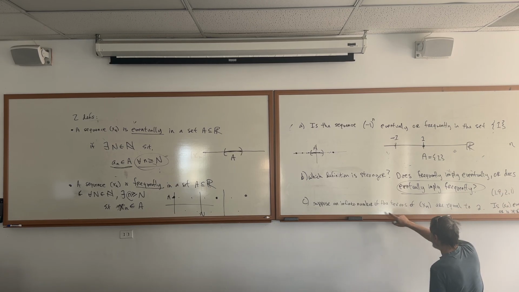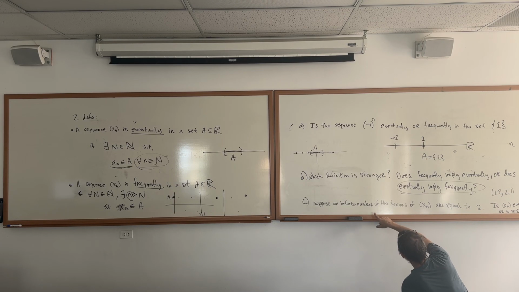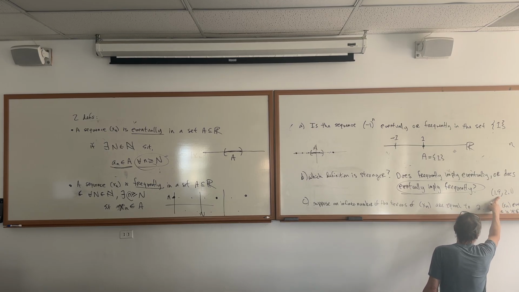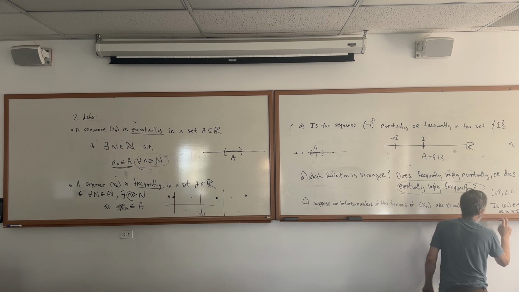So I've got a sequence, and all I know is an infinite number of the terms of that sequence are equal to 2. I don't know anything else. There could be an infinite number equal to any other things. Is that sequence eventually or frequently in that interval?